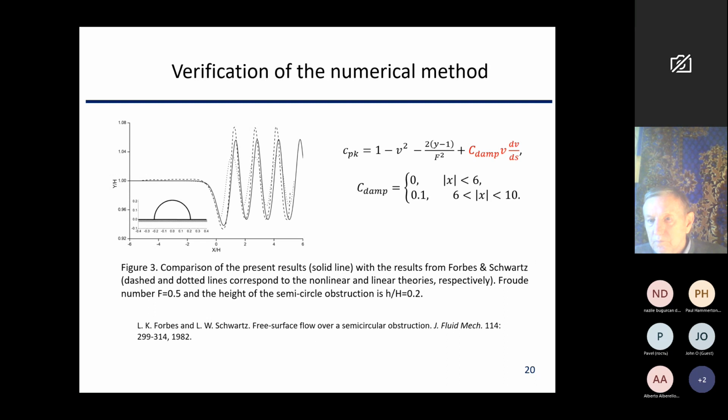This is a verification of the numerical method. We compare the result without ice sheet with Forbes and Schwarz calculations. This is a famous work, very old, 1982, and fantastic how they computed this problem. Anyway, Forbes and Schwarz experienced a struggle with waves upstream. It is because they considered quite a limited distance of the calculation region.